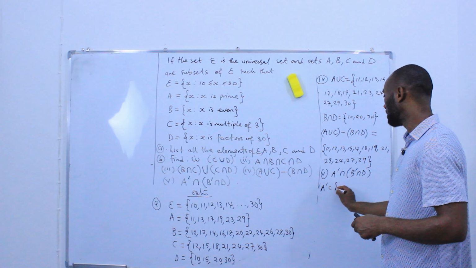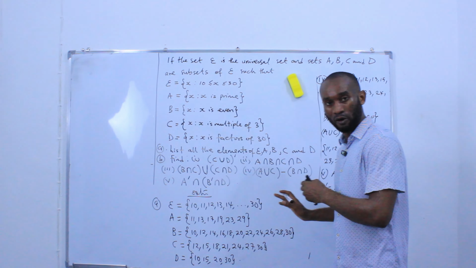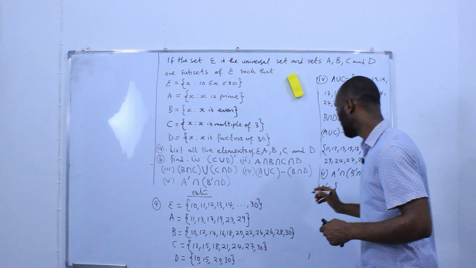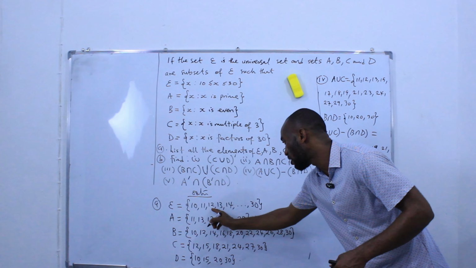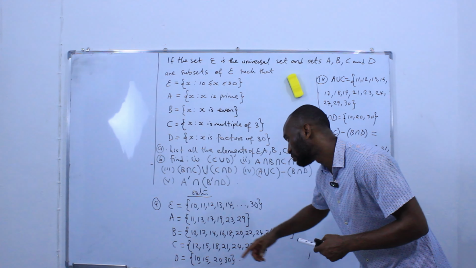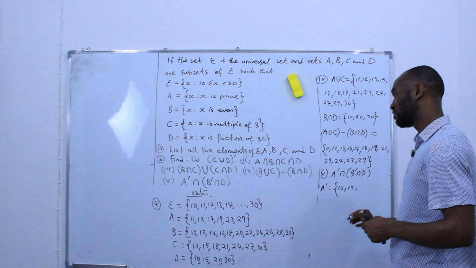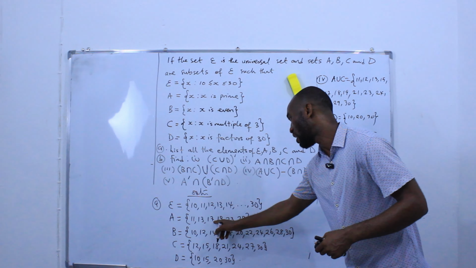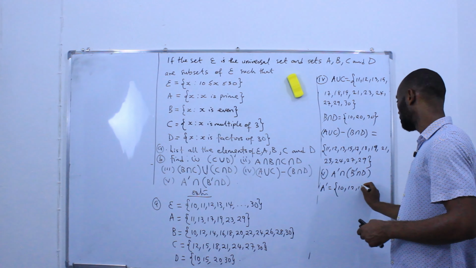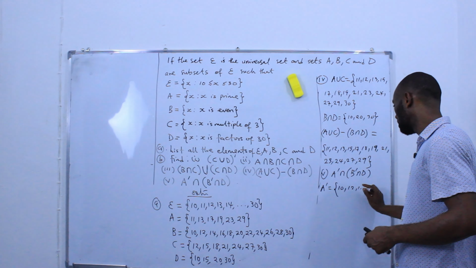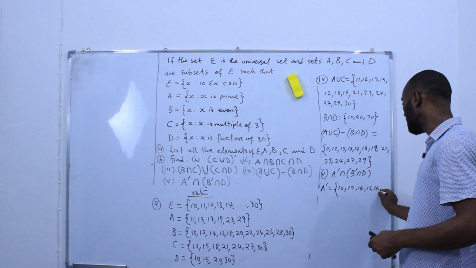So A complement: anything I am not seeing here, but I see it in the universal set, I'll write it down. That is 10. 10 is in the universal set, but it's not here. I have 12. 12 is not here. I have 14. I also have 15, it's not there. I have 16, which is not there.